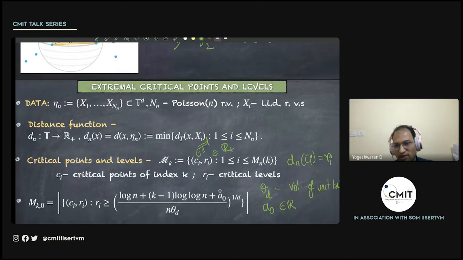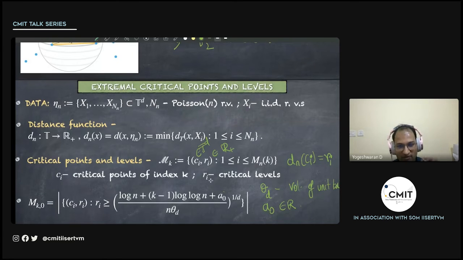I don't need to take it necessarily non-negative here because, as n goes to infinity, this is going off to infinity. So A naught can be any real number, and still this will be positive. So I don't need to worry. A naught belongs to R. So I look at the number of critical points whose level is greater than this.